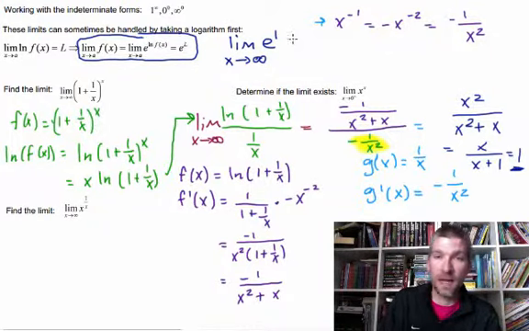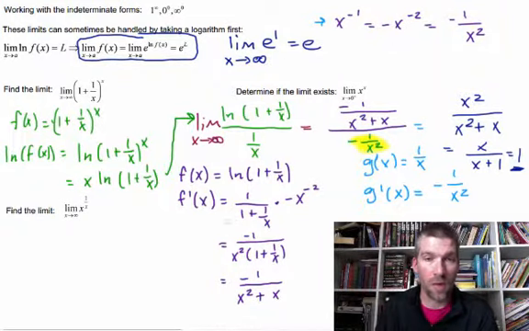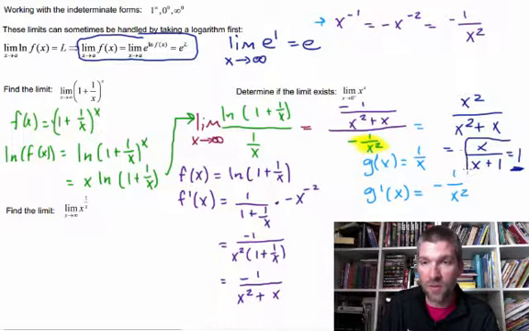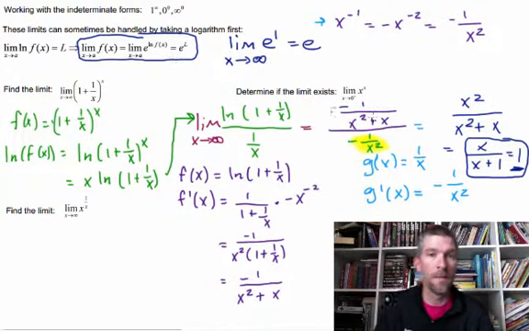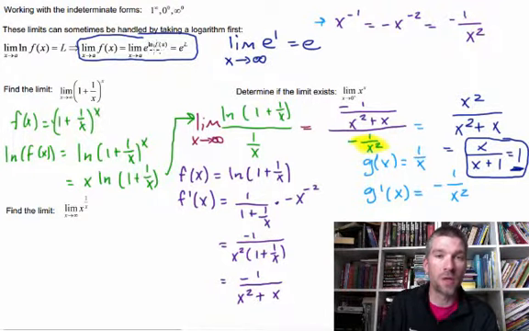And so the answer for this guy is just going to be e. Now this is a really long problem. There's a lot of steps in it. There's a lot of places to make a little bit of a mistake. It's hard to see that as this limit goes to infinity it's going to be 1, but remember how your horizontal asymptotes work. So once we know the natural log of f of x, once we know that part, we can just substitute it in as the limit right here.